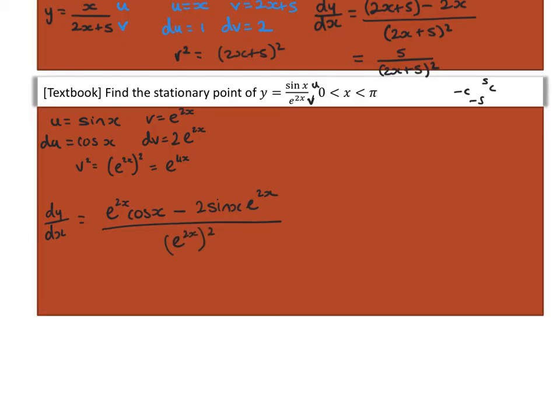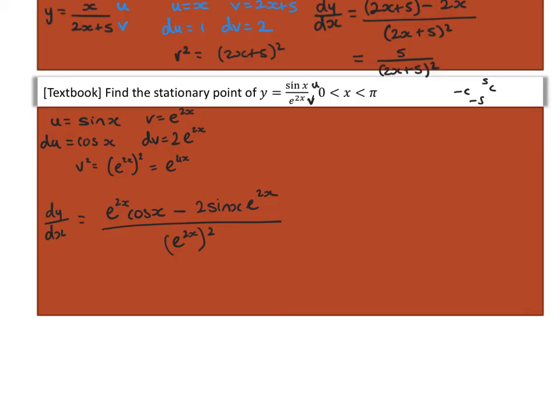Now what I notice is actually e to the power of 4x, well, can I cancel e to the power of 2x? Okay, maybe, but if we just wait a moment, because it says find the stationary points. Remember, stationary points means the gradient equals 0, okay?